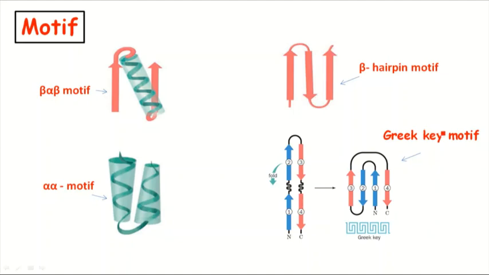Here a beta hairpin is folded over to form a 4-stranded antiparallel beta sheet, a specific folding pattern of beta sheet, beta strand.